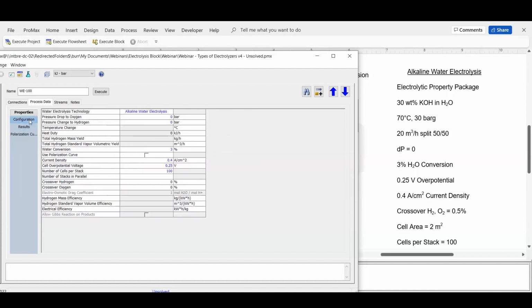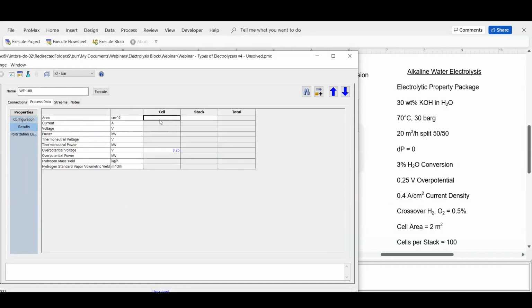I think I might make a request to let that also be entered in here where you're supplying this other information. It'd probably be more intuitive if it were made available right here where these other dimensions are. But the cell area is a very common thing to enter for these, and we want to set this to 2 meters squared for the cell area.